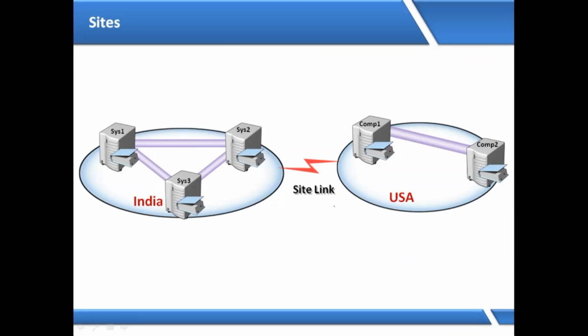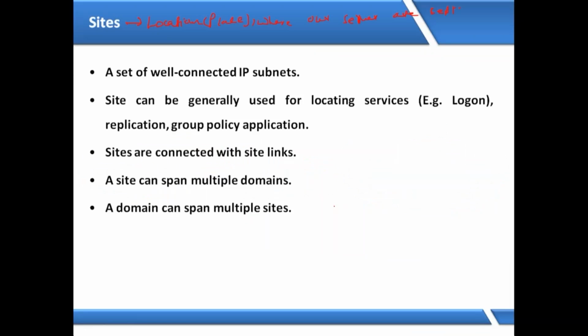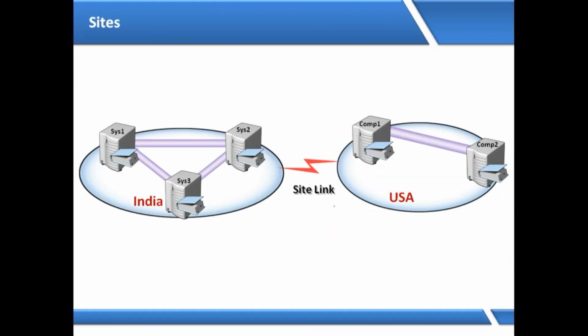So when we create a site, we need to create site links. How to create? I'll show you. After that, we can do locating the logon services, replication of the data, and we can apply the group policy. So these are the three things we can do by using the site.